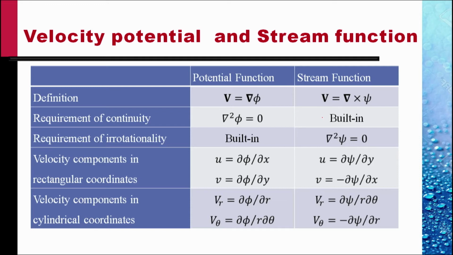The requirement of irrotationality is built in the potential function. But for the stream function, it becomes del square psi is equal to 0. So both phi and psi satisfy Laplace equation. Given below are the velocity components in the rectangular coordinates and in the cylindrical polar coordinates, same as before.